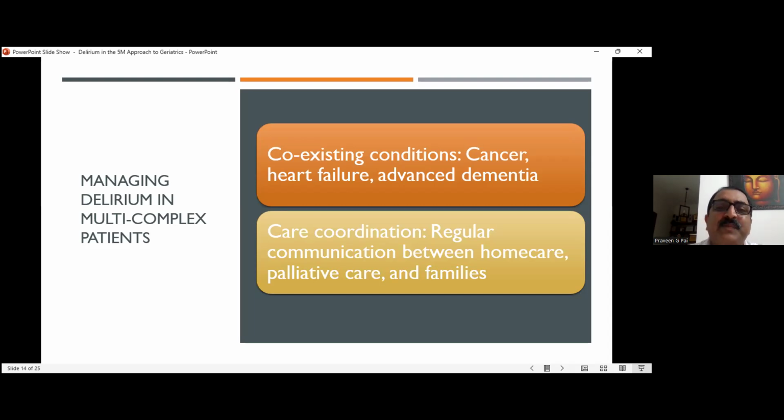That should be a first priority wherever possible, and consider the autonomy of the person when taking a decision, especially in palliative care in geriatrics. In geriatrics, definitely there is going to be multi-morbidity, and more than that, it is multi-complexity.